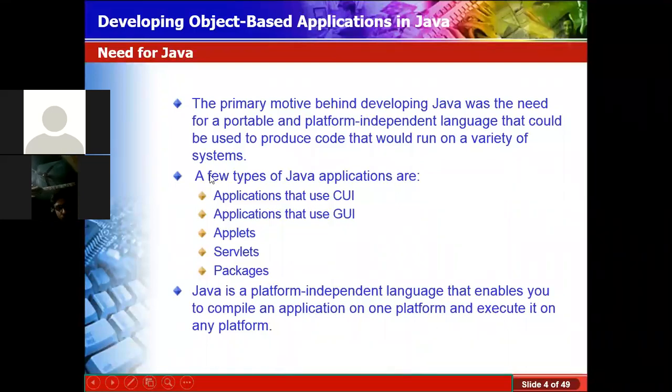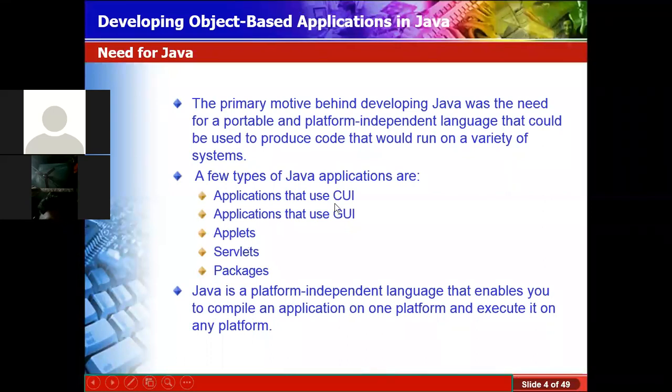Portable means you can use it everywhere, in any device you can run the Java application. The Java application is used in character user interface, graphic user interface, applet, servlet, and packages.